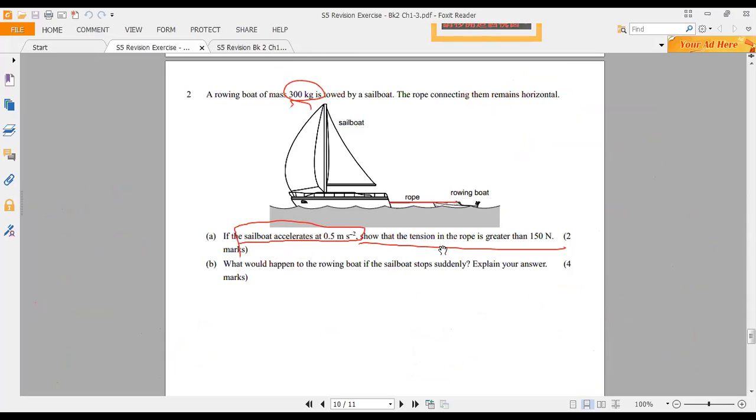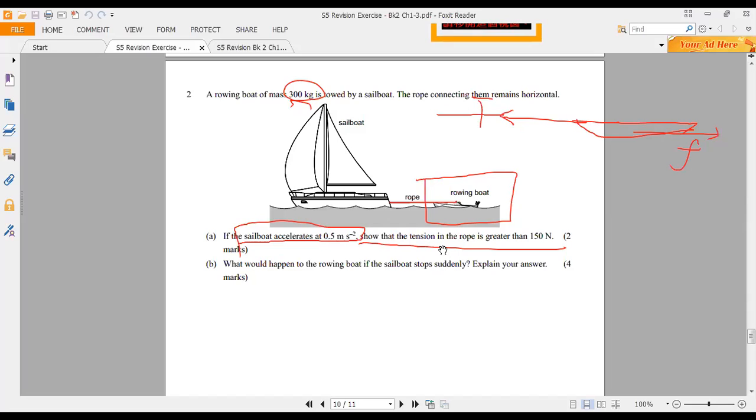Now, we may consider the free body diagram on the rowing boat. This is a rowing boat. There are two forces acting on it. First, there will be a tension pulling it forward. And at the same time, there is water resistance. It's just like friction, right?